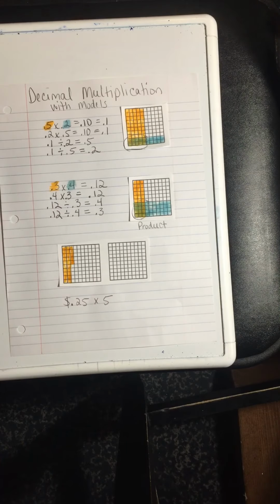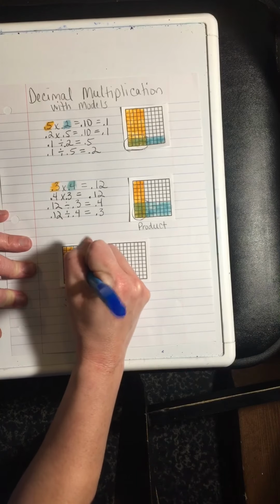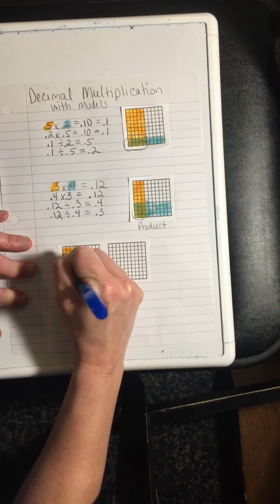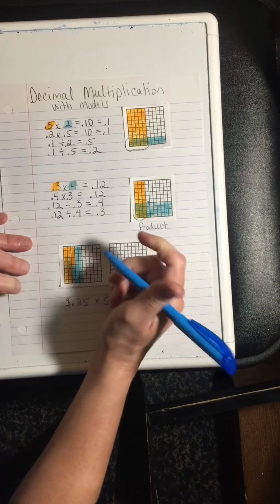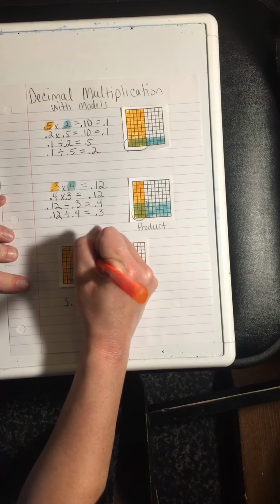Okay, and then I'm going to take my blue and color it again. It's repeated addition. It's happening 5 times. So then I'm going to color my 2/10 and my 5/100. I'm going to do this again.